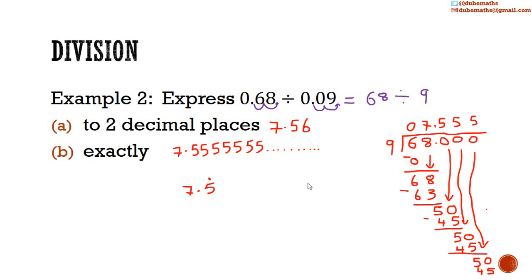Thus, 0.68 divided by 0.09 is equal to 7.56 to two decimal places, or 7.5 with a dot on it exactly.